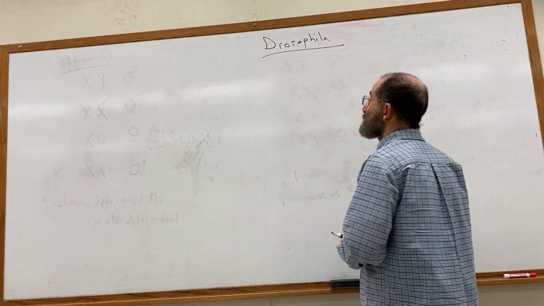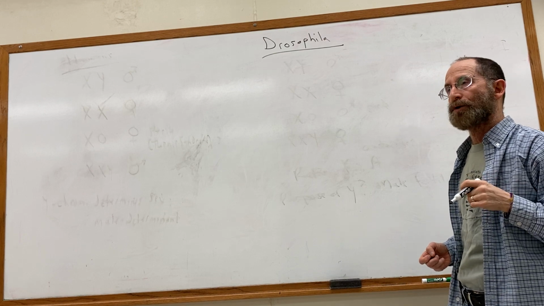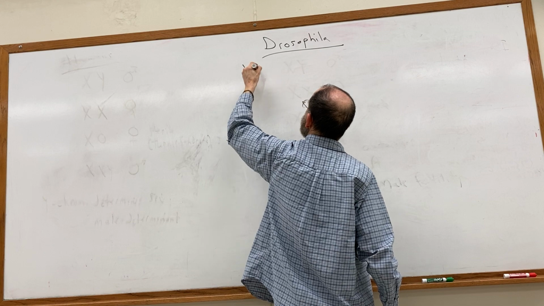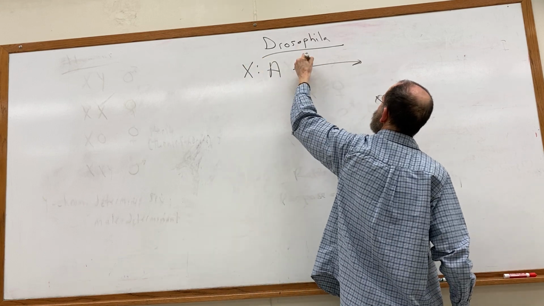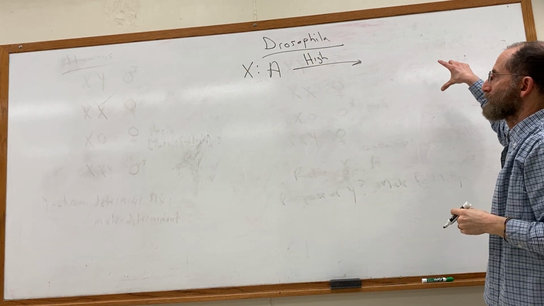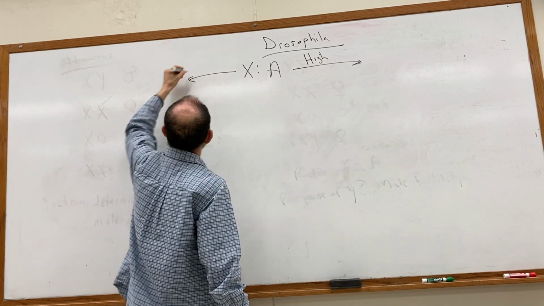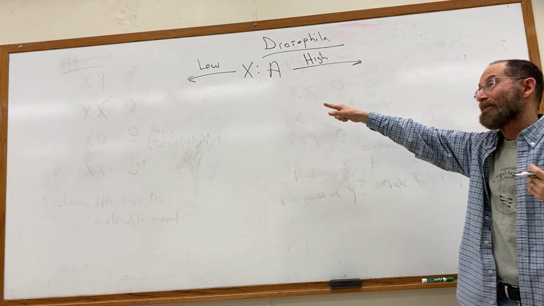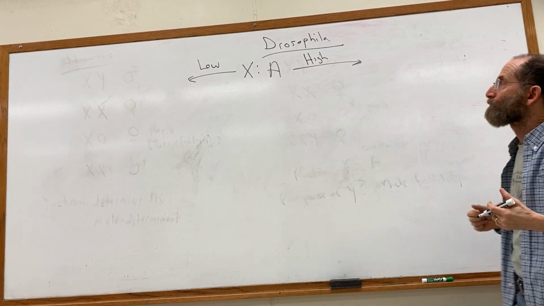So in Drosophila, we said that the ratio of X chromosomes to autosomes is what makes the determination. So if we have a high ratio, we're going to get one set of circumstances taking place, and we're going to get a different set of circumstances if we have a low ratio. And by high, essentially what we mean is 2 X's versus only 1 X. Okay?